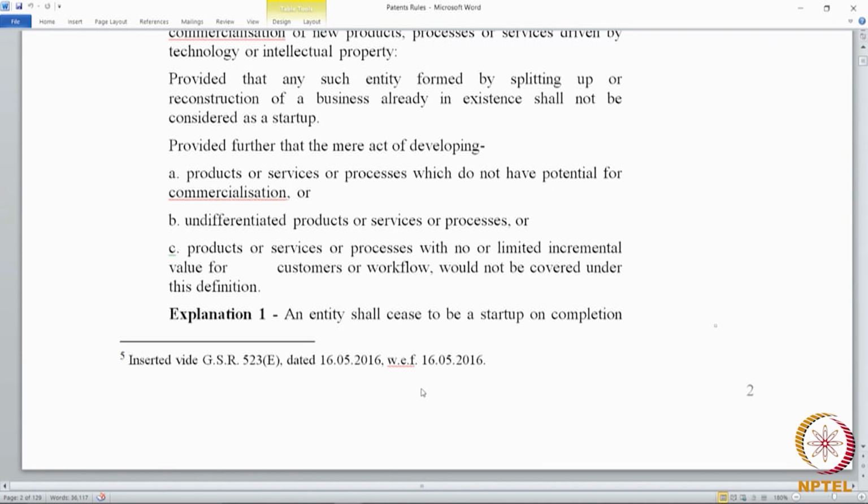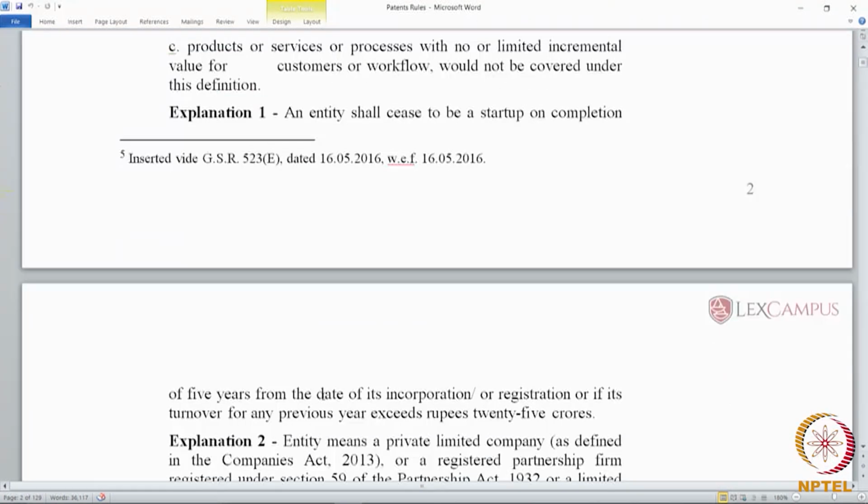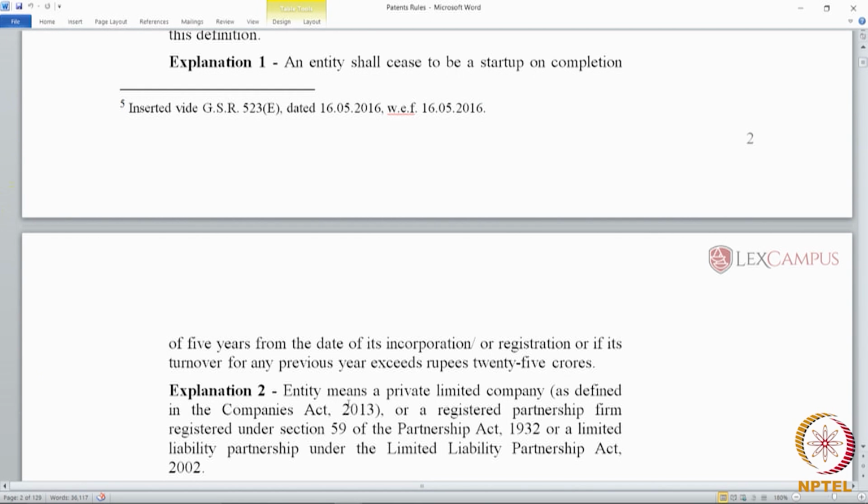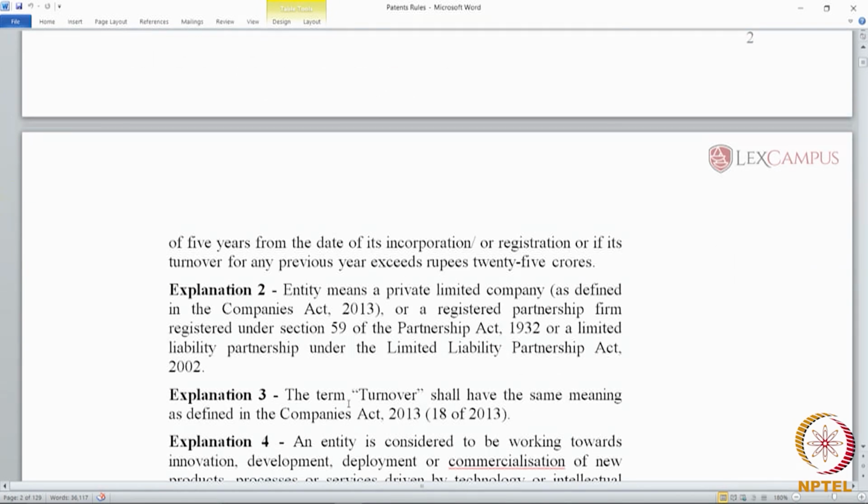An entity shall cease to be a startup on completion of 5 years from the date of its incorporation or registration, or if its turnover for any previous year exceeds rupees 25 crores.